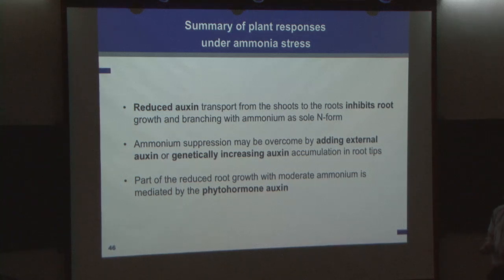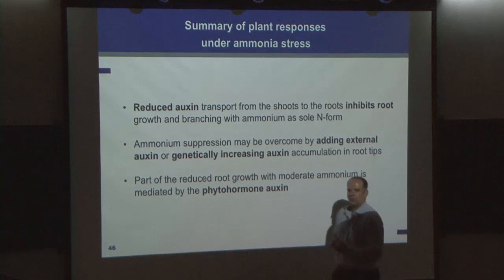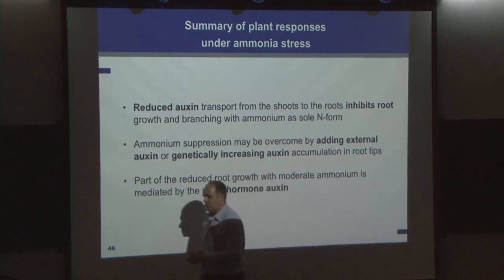Mostly you have both substances there. This ammonium suppression can be overcome by adding external auxin or genetically increasing auxin accumulation in the root tips. And part of this reduced root growth with moderate ammonium is mediated by the phytohormone auxin, or the lack of the phytohormone auxin.